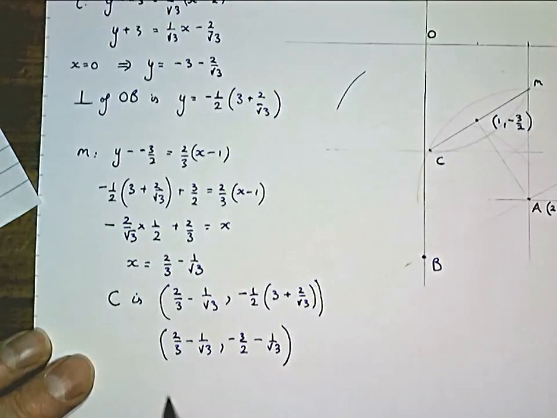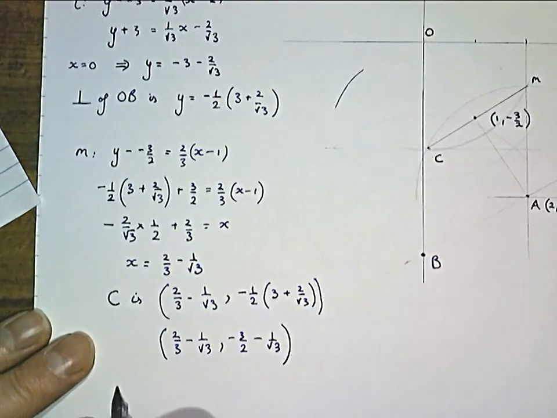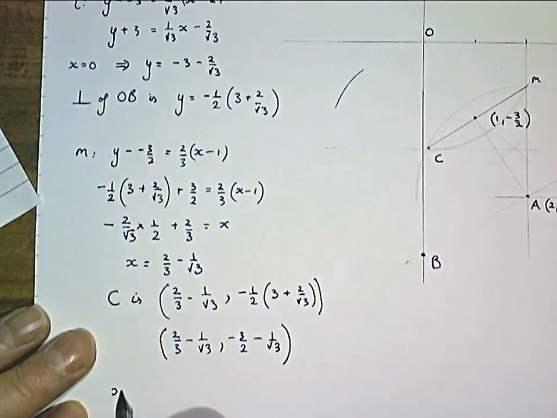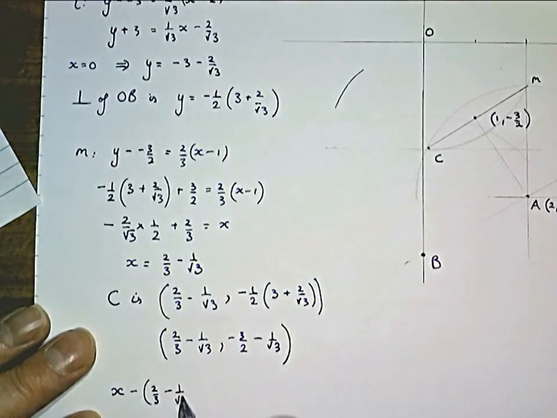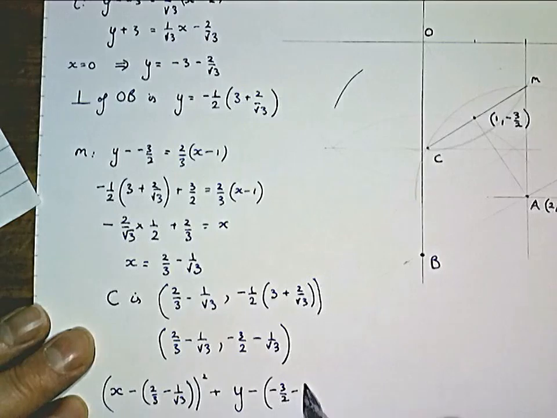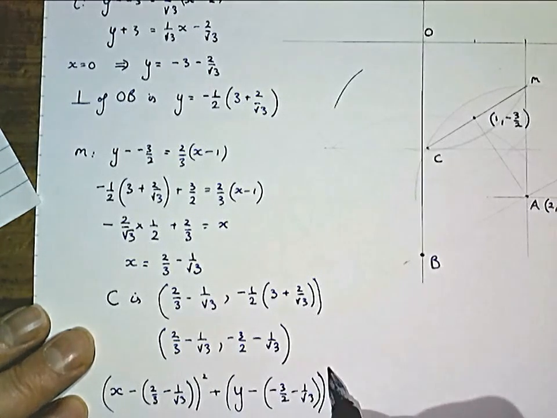So now we can give this equation as the equation of a circle, which is the equation of a locus: x minus 2 over 3 minus 1 over root 3, all squared, plus y minus 3 over 2 minus 1 over root 3, all squared, equals 13 over 6.